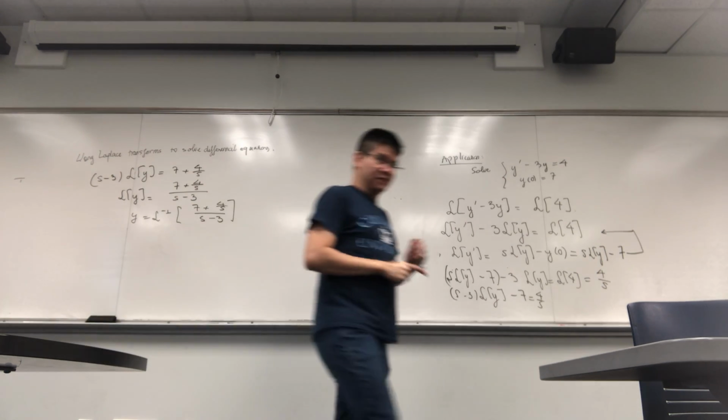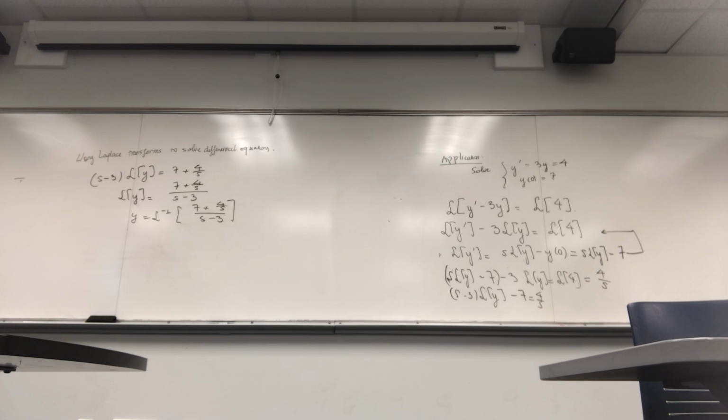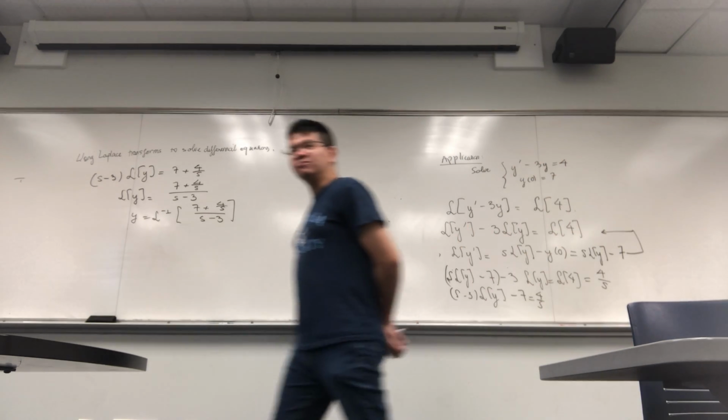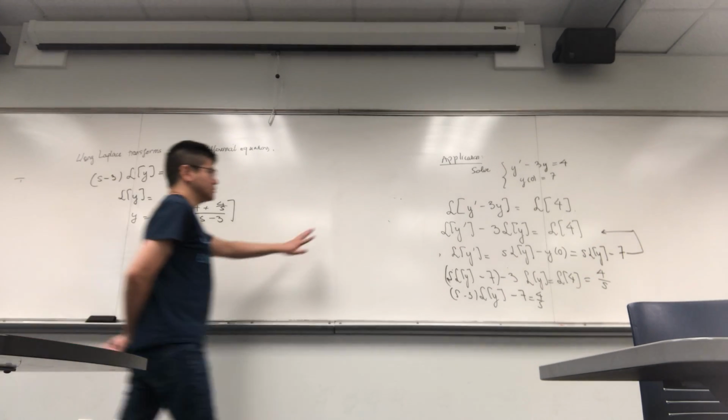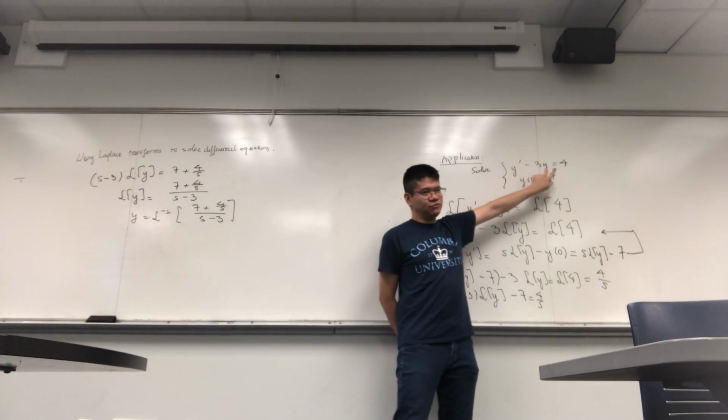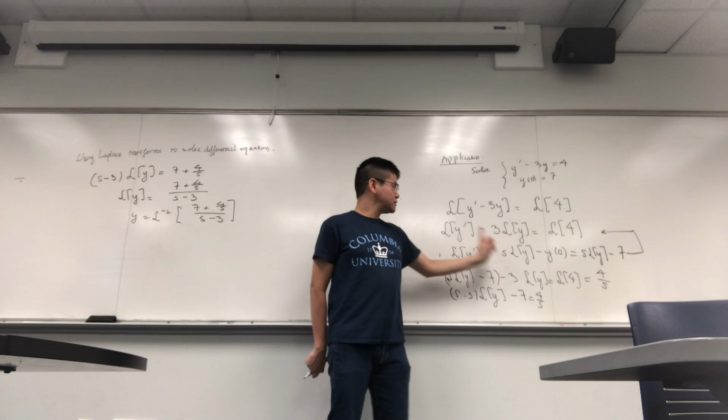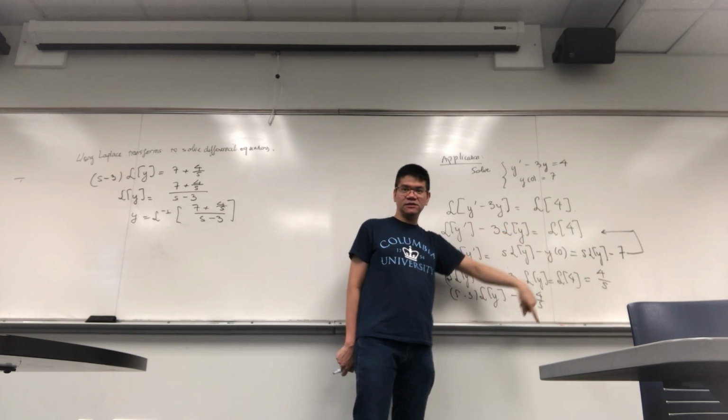The key idea of solving a differential equation using the Laplace transform is that by using the Laplace transform, you can remove the derivatives. In this equation, you have y prime minus 3y is 4. I take the Laplace transform on both sides.